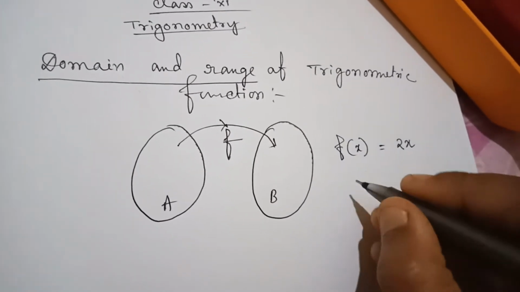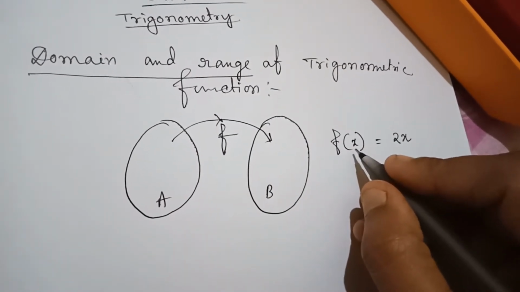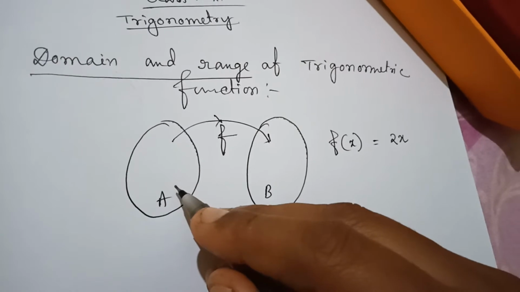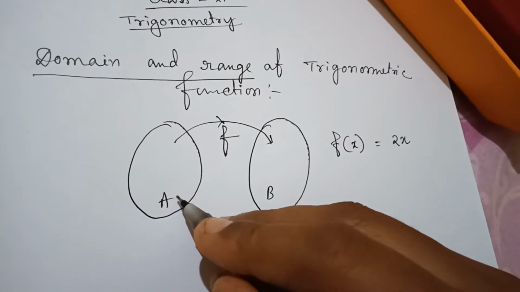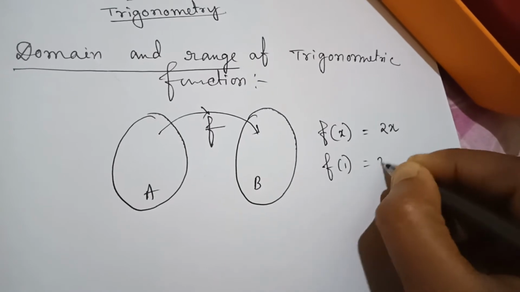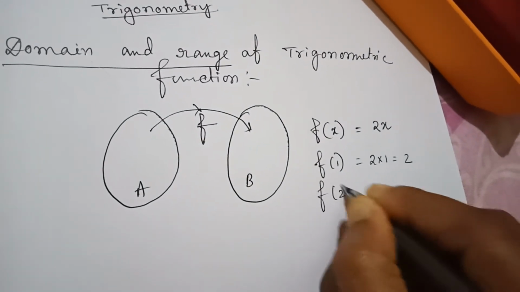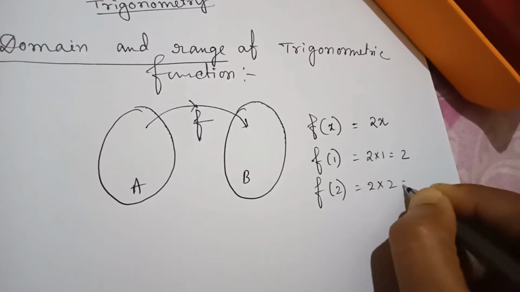Now you can see that whatever x values we are taking, obviously they will belong to set A. Like suppose f of 1 equals 2 into 1 equals 2, f of 2 equals 2 into 2 equals 4.